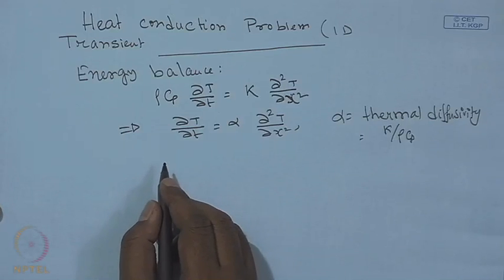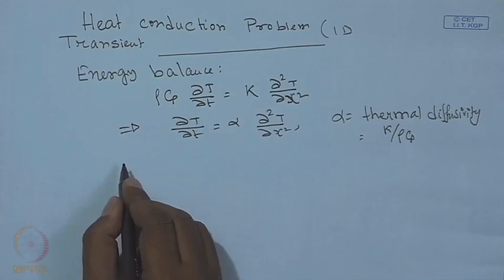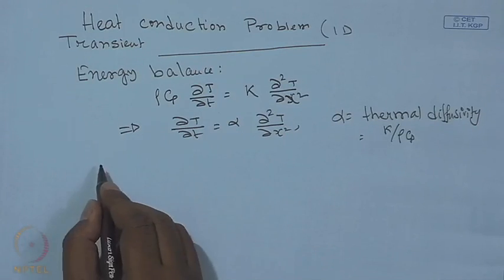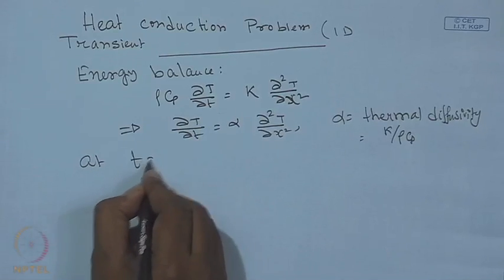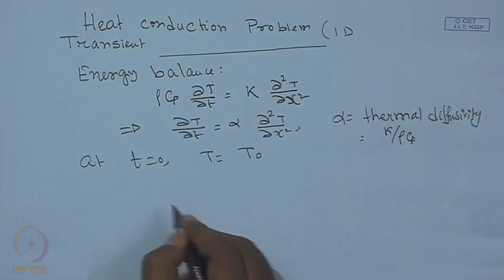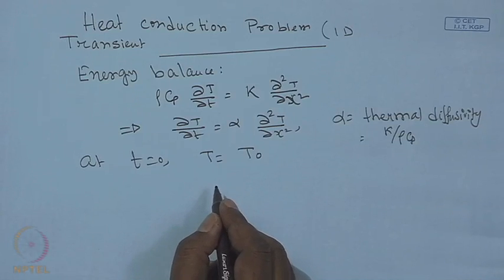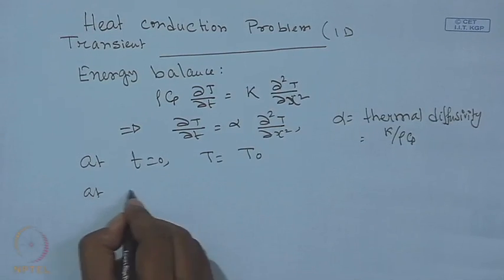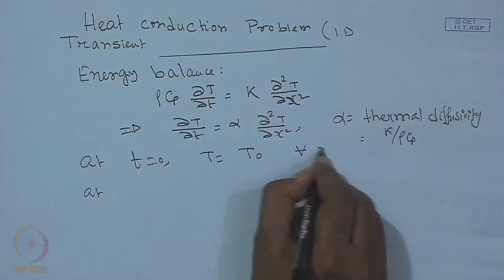Now, we fix up the general conditions. At t is equal to 0, the temperature in the plate was T naught, and this is valid for every x.